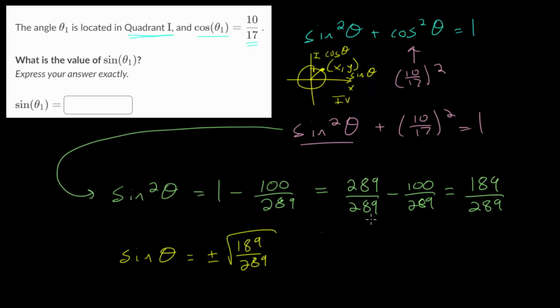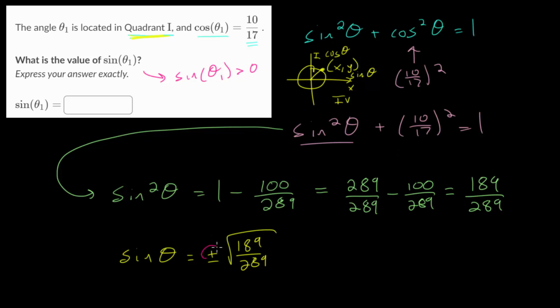And this solution will tell us the sine value in either quadrant 1 or quadrant 4, but specifically we want quadrant 1. And in quadrant 1, the sine value, which is the y value, is a positive number. So in our case, we know that the sine of theta has to be a positive value since we are in the upper half of the coordinate plane.